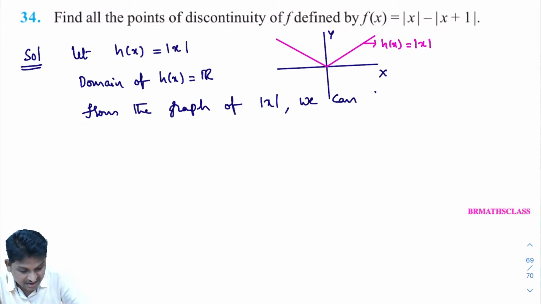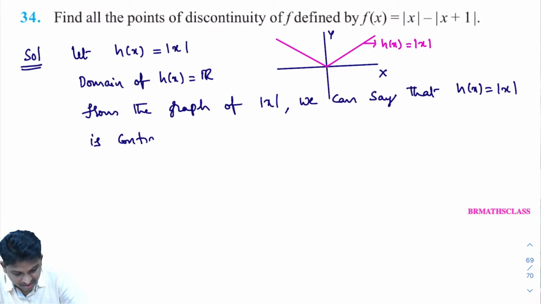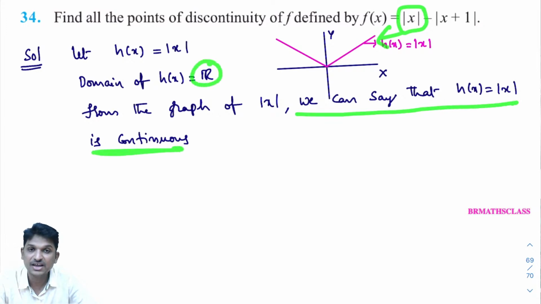We can say that h of x, that is mod x, is continuous. Okay, we came to know that it is continuous. Very good. I drew its graph, I found that there is no gap in its graph, so I can say that it is continuous on the real numbers.